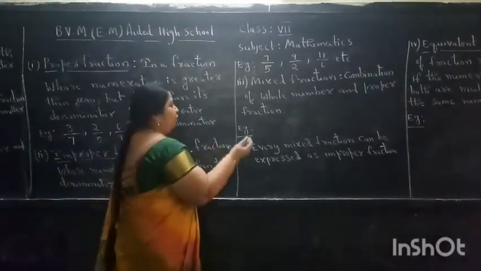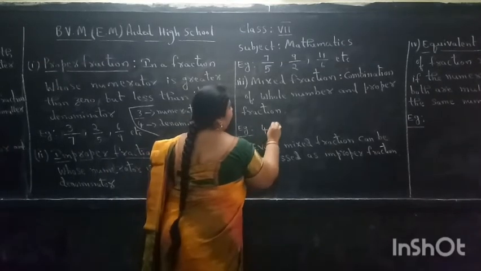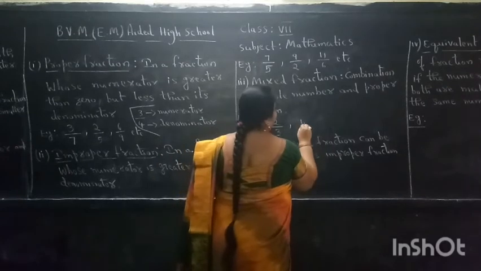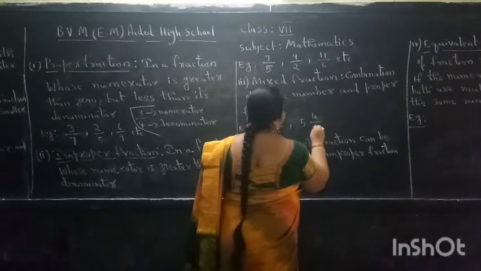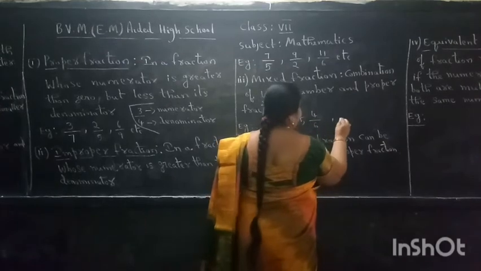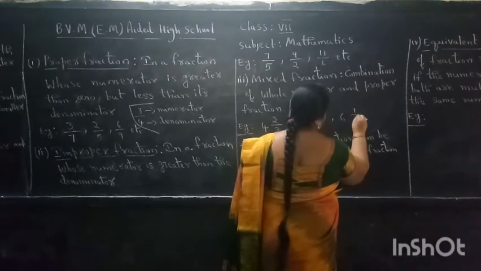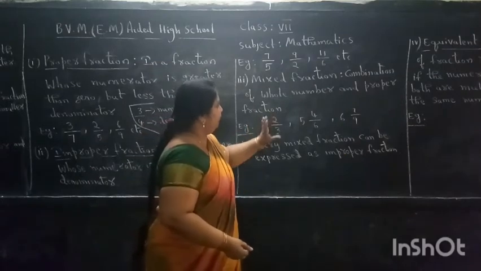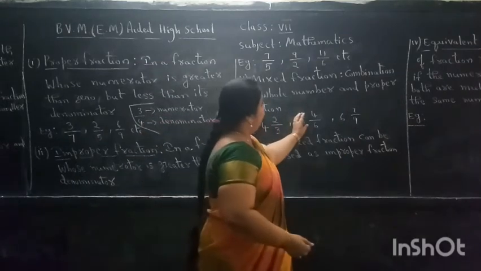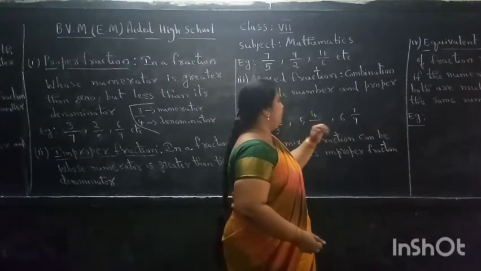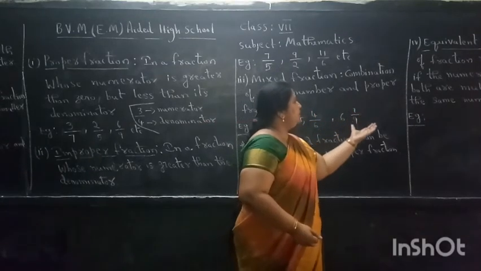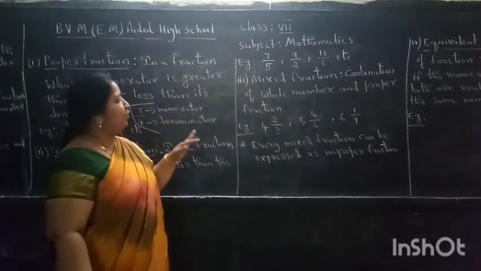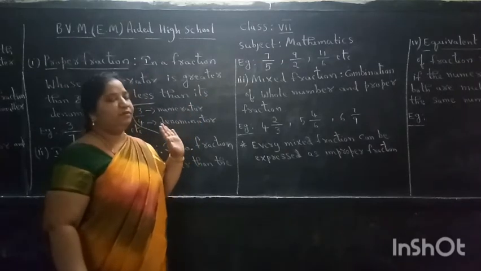You take any whole number: 4, 2 by 3; 5, 4 by 6; 6, 7 by 9. 4 is a whole number, 2 by 3 is a proper fraction. 5 is a whole number, 4 by 6 is a proper fraction. 6 is a whole number, 7 by 9 is a proper fraction. A combination of a whole number and a proper fraction is called a mixed fraction.